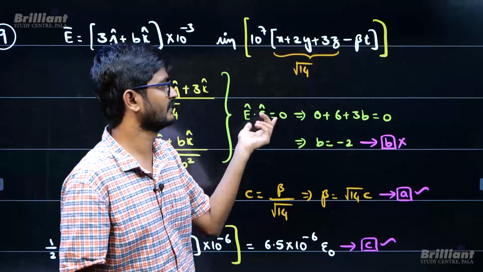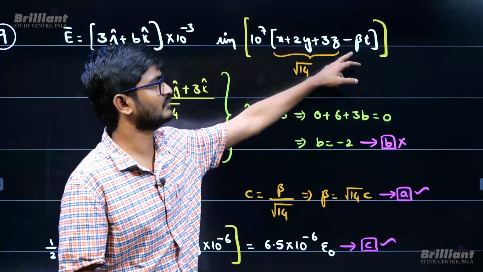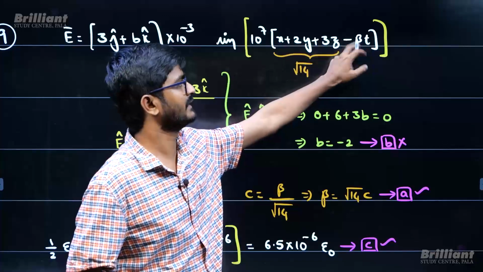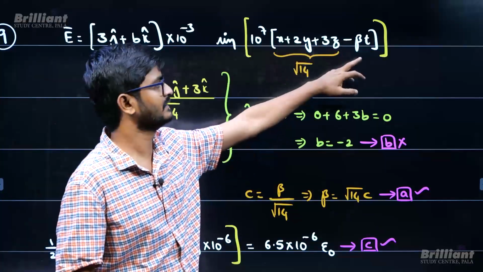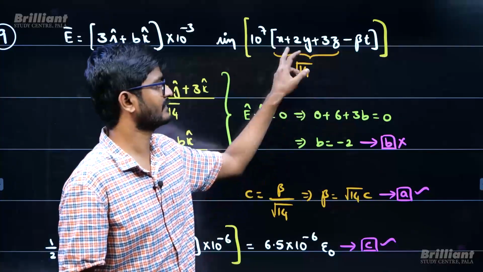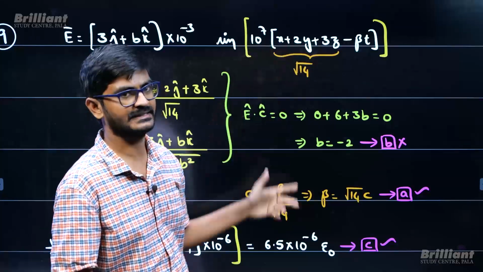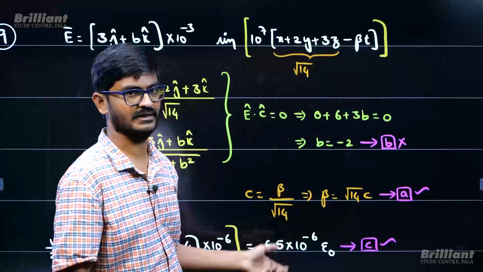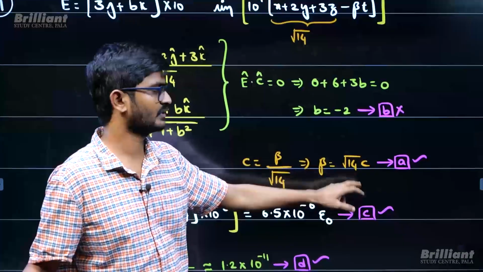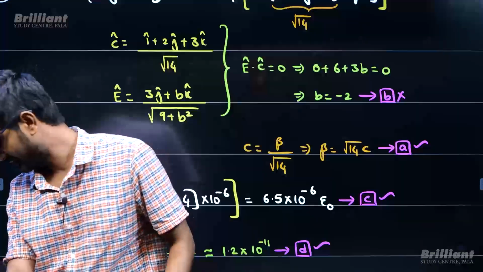So k is 2 pi by lambda, omega is 2 pi by T, so you need to divide, omega by k, right? Magnitude of this thing, anyway 10 power 7 will get cancelled in both, so I did not write 10 power 7 here. So from there we will be getting root 14 into c, c is 3 into 10 power 8.